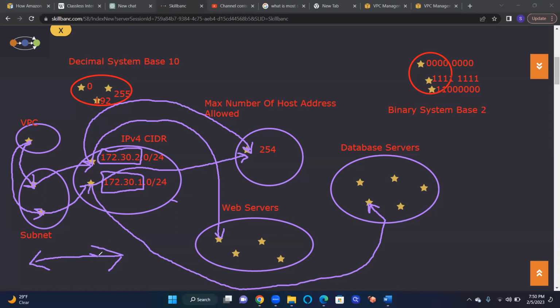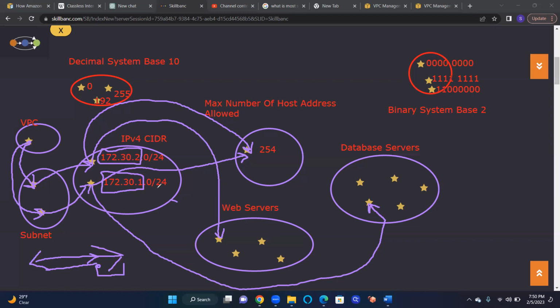So it's only up to this. That means 20 bits will be used for the subnet, and the rest, 32 minus 20, I can use for my host addresses, which means web servers.